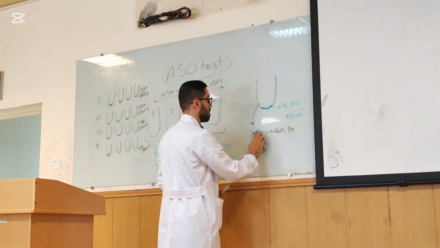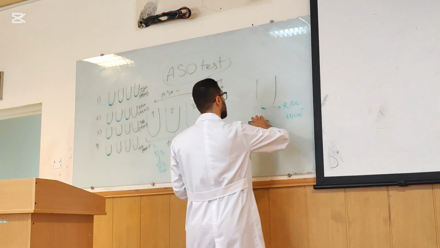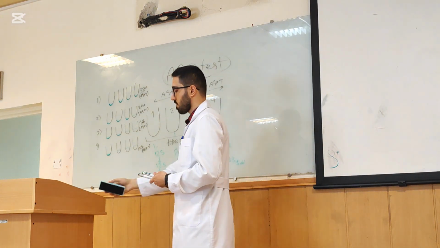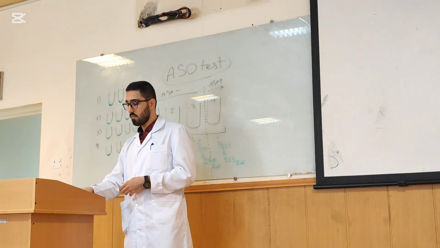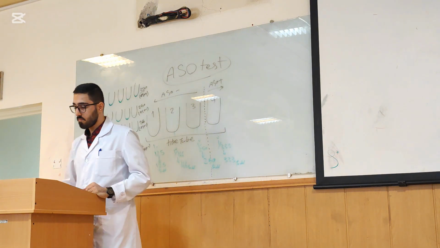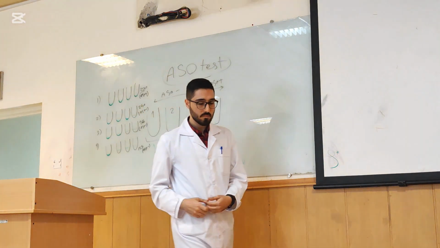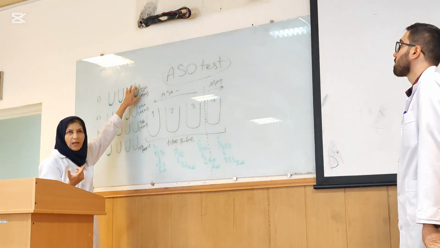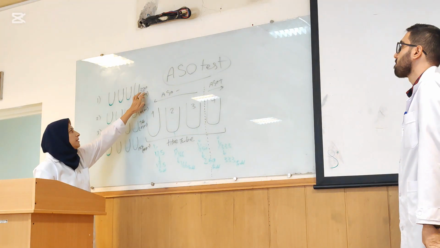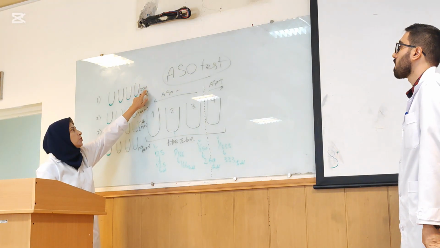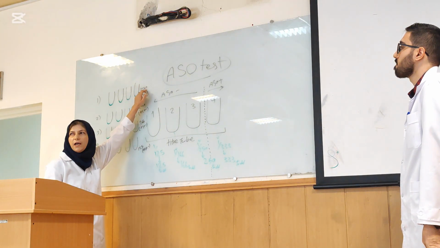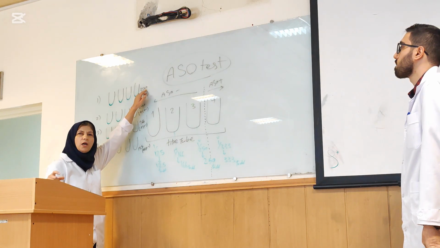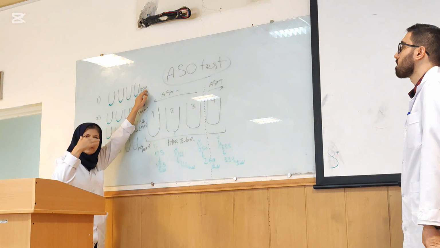So let me tell you a note. The basis of the ASO test is not agglutination. The basis of the ASO test is neutralization. Because of that, when the titer of the ASO goes up, it means all of the ASO neutralize the SO. You need too much ASO for destroying the SO, which means the titer of SO is higher than others.